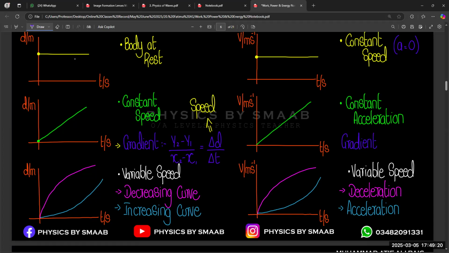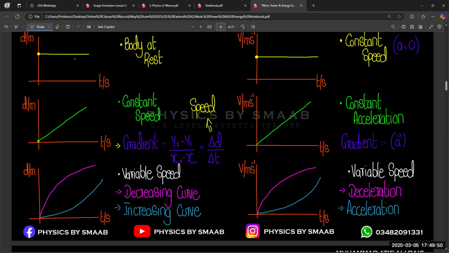So the gradient of the speed time graph is equal to acceleration. Yes, we can find the acceleration with the help of the gradient of the graph.